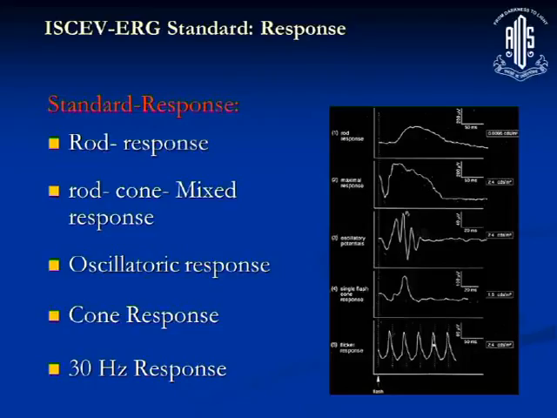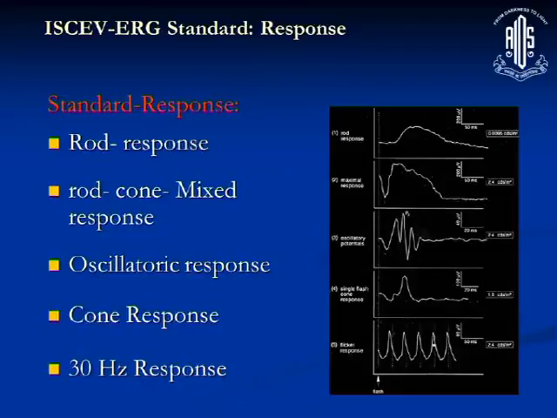Now, what is the standard response? If we see the rod response in the first curve, we should be aware of the waveforms rather than focusing on the absolute values of the amplitude and implicit times. So this is what the rod response looks like. The combined response is this. And for oscillatory potentials, we get a waveform like this.